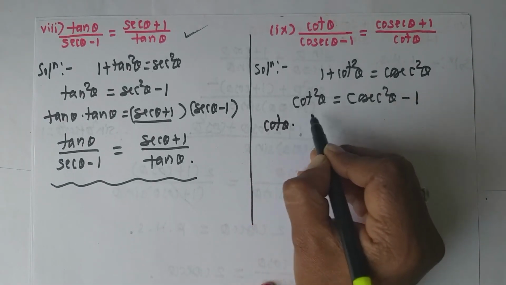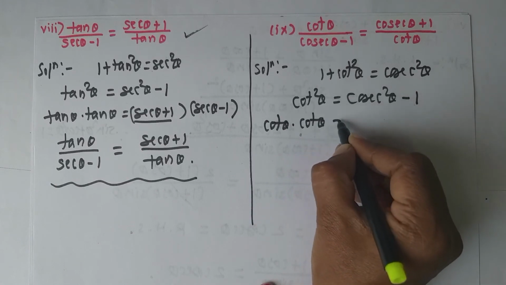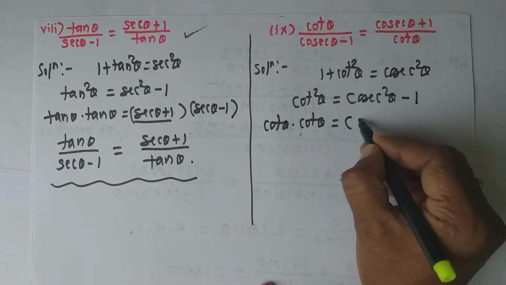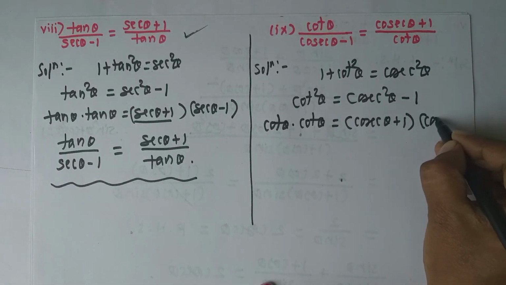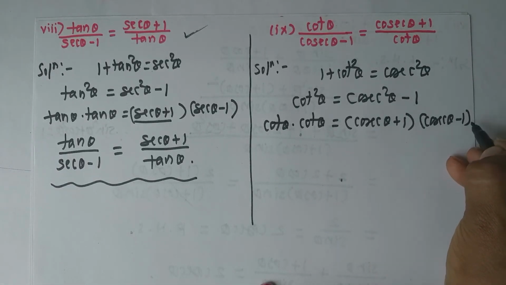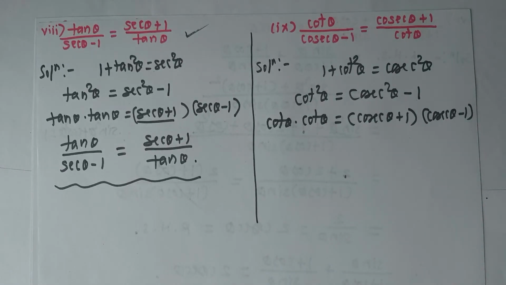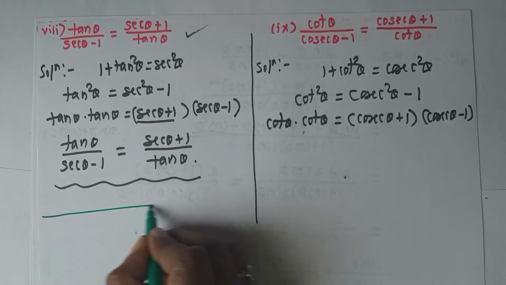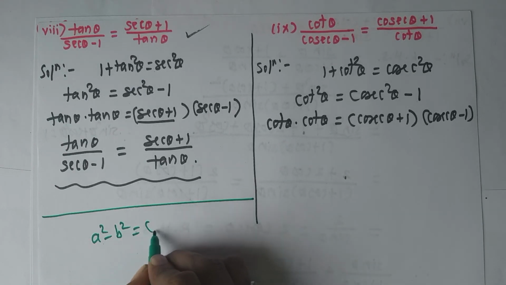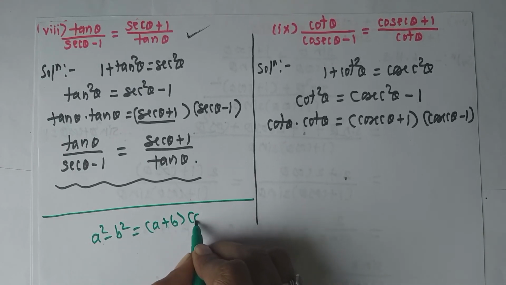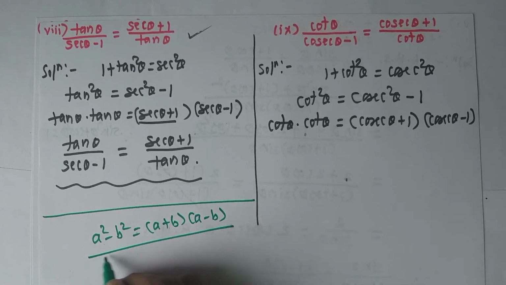Then cot square theta means cot theta into cot theta, and this will be in one bracket cosec theta plus 1 and in the second bracket cosec theta minus 1. Here we are using the formula which we learned in our previous class. A square minus b square means a plus b, a minus b. We are using this formula in both these problems.